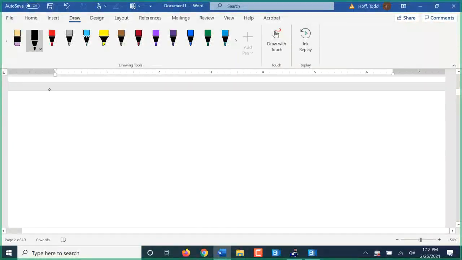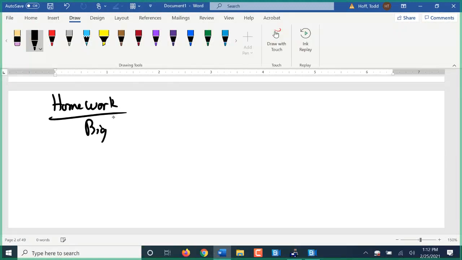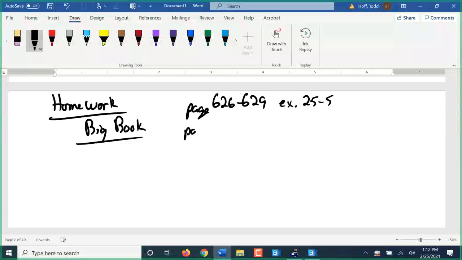Right now, homework. Go to the big book. Pages 626 through 629. Exercise 25-5. Page 631 through 633.